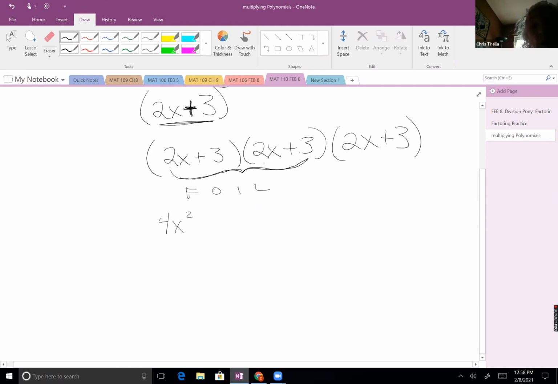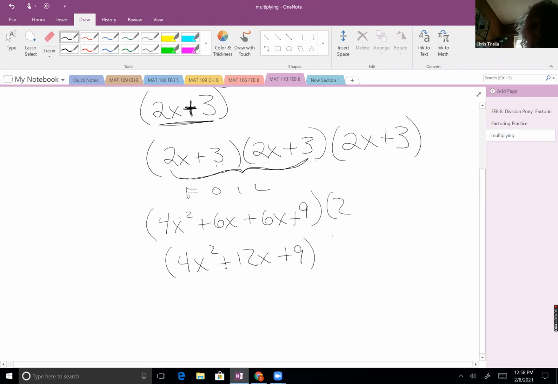Outer, 2x times 3 is 6x. Inner, 3 times 2x is 6x. Last, 3 times 3 is 9. And so that part becomes 4x squared plus 12x plus 9.